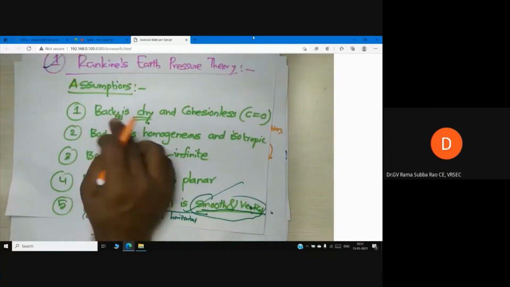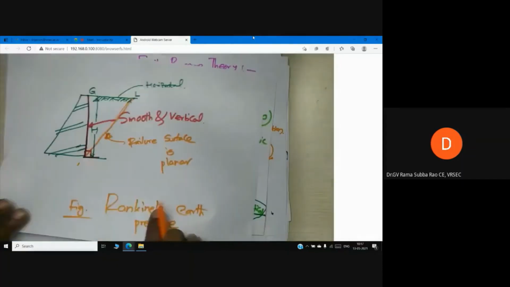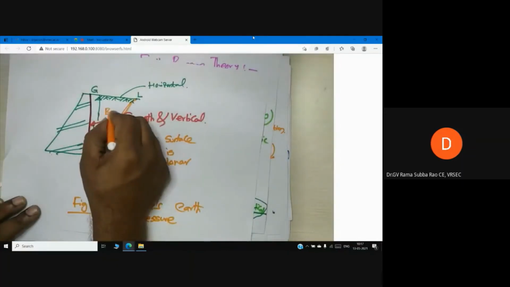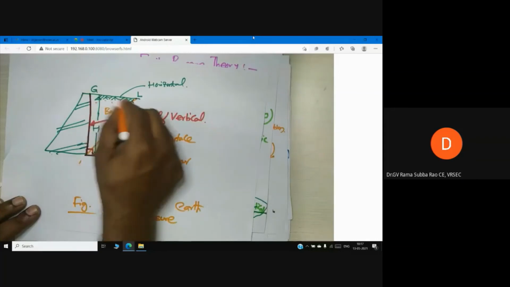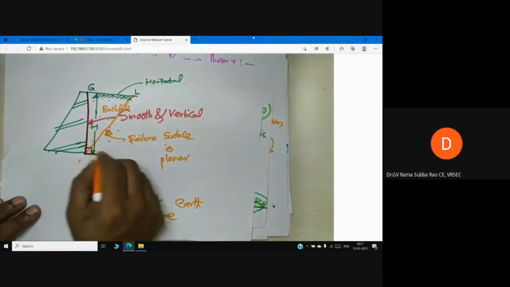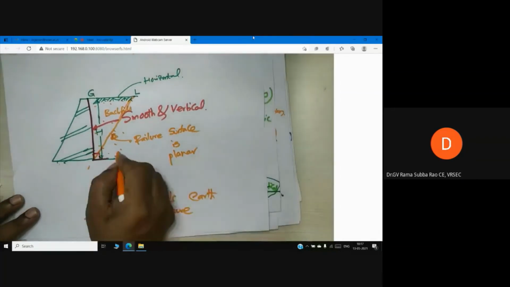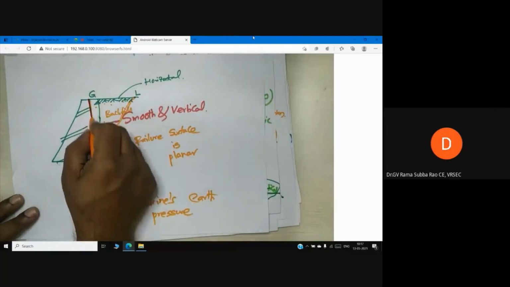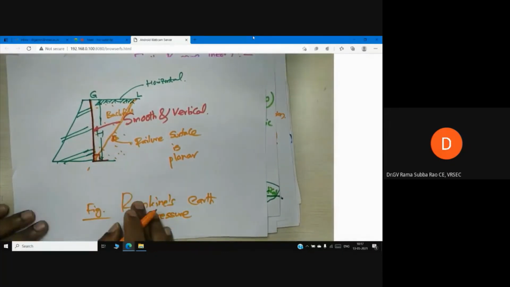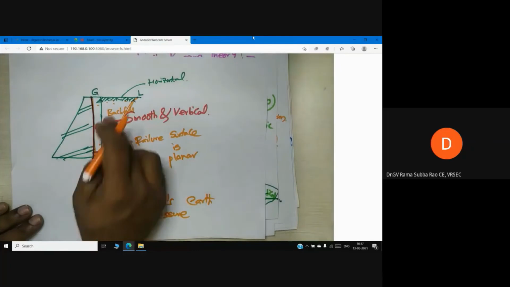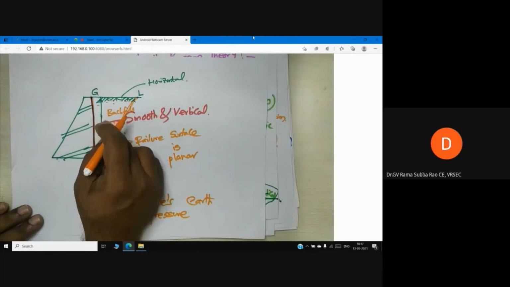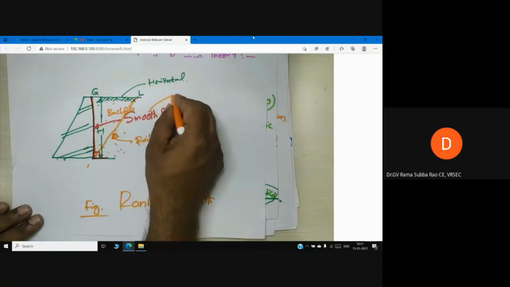Backfill means the soil. It is my duty to show you this is backfill. So here you see, back of the wall is smooth and vertical. Let me tell you the meaning of the word smooth.